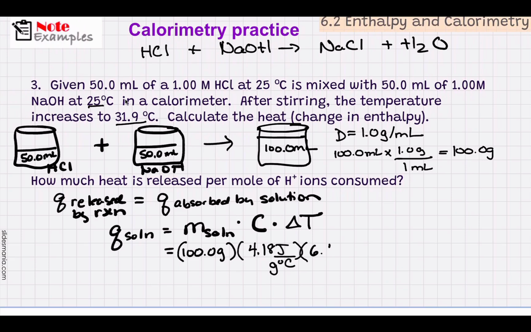So it's 6.9 degrees Celsius. So we end up with 2 sig figs, 2,900 joules of energy was absorbed by the solution. That would also be the enthalpy change for the solution would be 2,900 joules. The enthalpy change for the reaction would have been negative 2,900 joules.